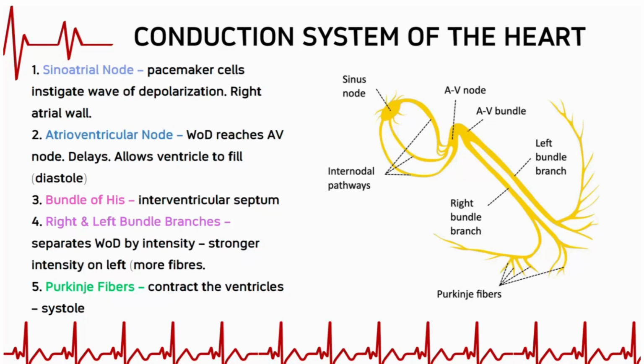The stronger the intensity of the waves, the more likely it's going to go to the left bundle branch. You concentrate more of the electrical impulses on the left side, because you want a stronger contraction of the left ventricle, because it's 3 times the size of the right ventricle.